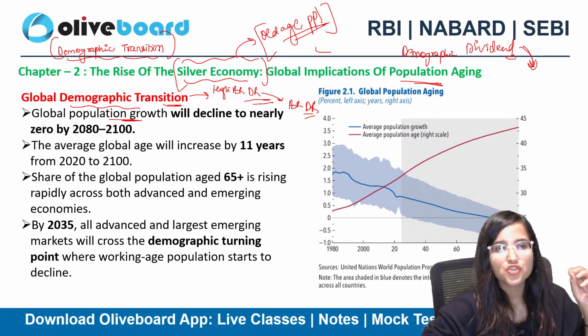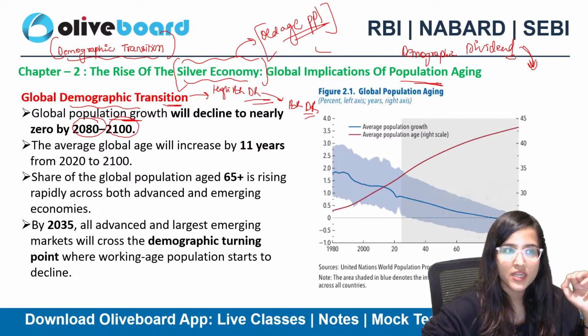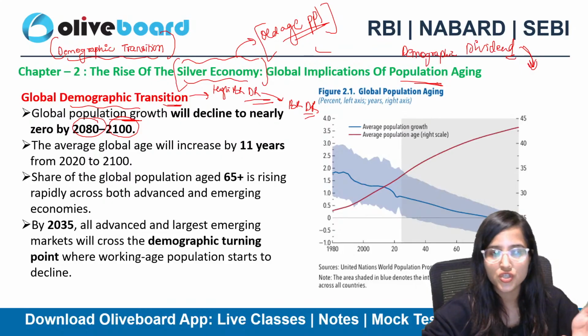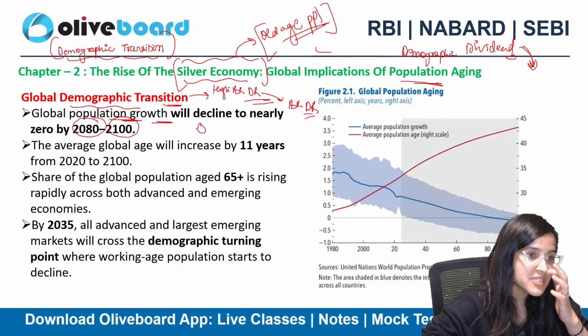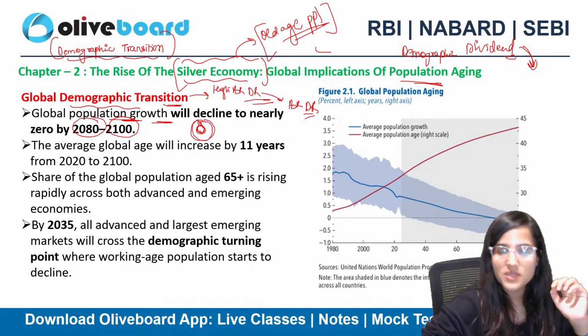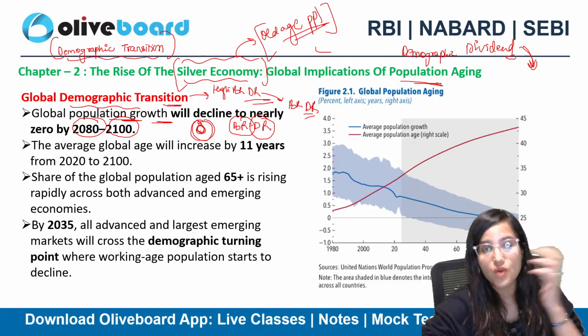Okay. So this global demographic transition, this global population growth will decline to nearly zero by 2080 or 2100. So by end of this century, they are saying that population growth will start to decline. It will be zero. That means birth rate will be equal to death rate. Number of people born will be equal to number of people who are dying.